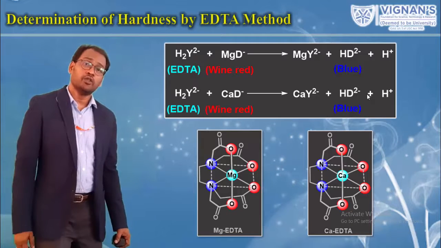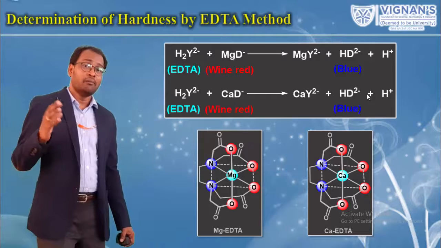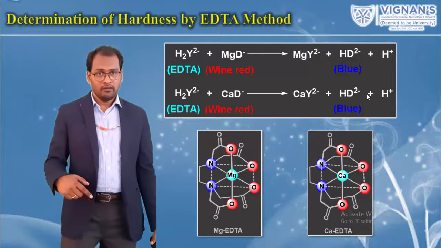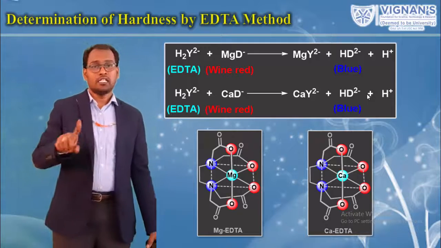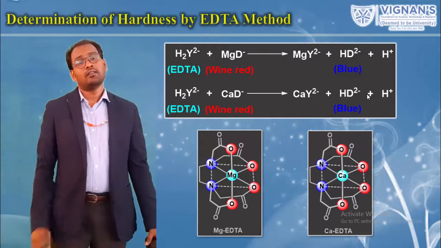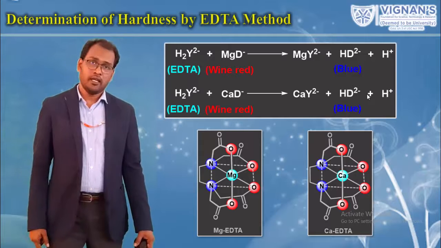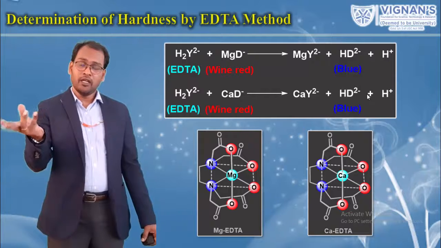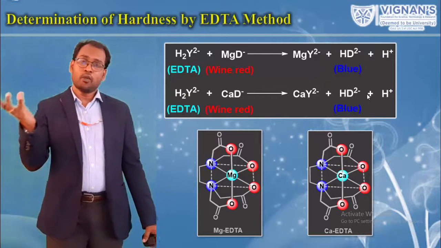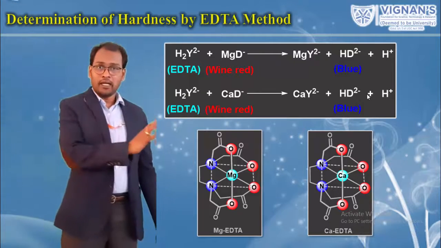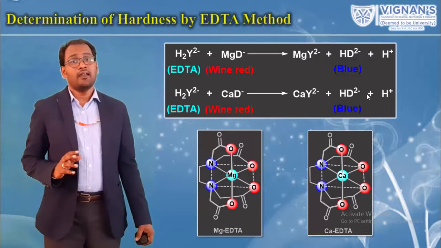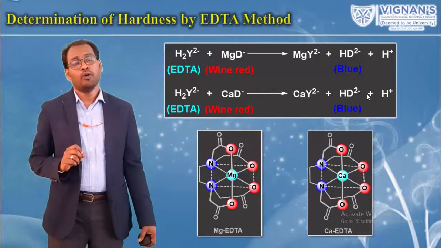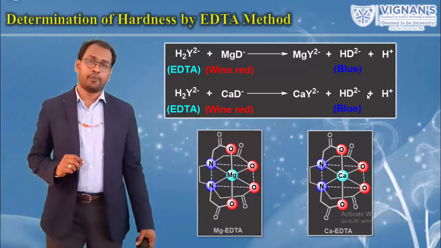What we are going to do: first we make a complex of metal EBT, which is wine red in color. Then you add EDTA and this EBT will be replaced by the EDTA. At one point, when all the complexes have been converted into metal EDTA, the wine red color changes to colorless metal EDTA, but at the same time the free EBT which was removed will give its blue color.